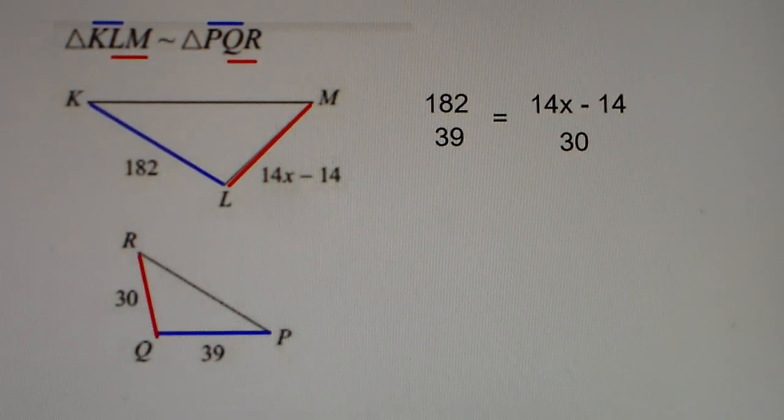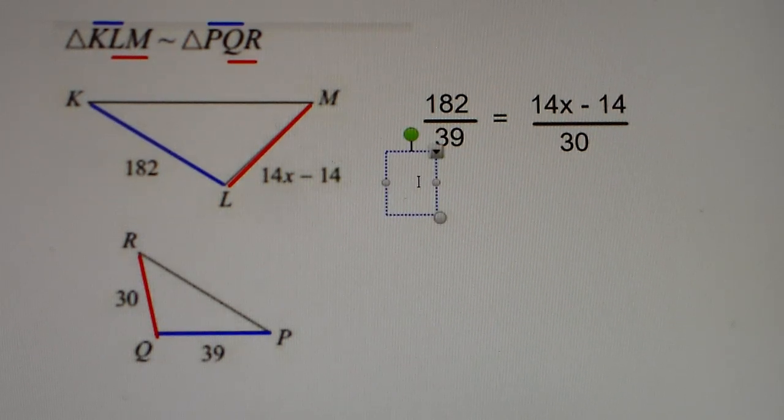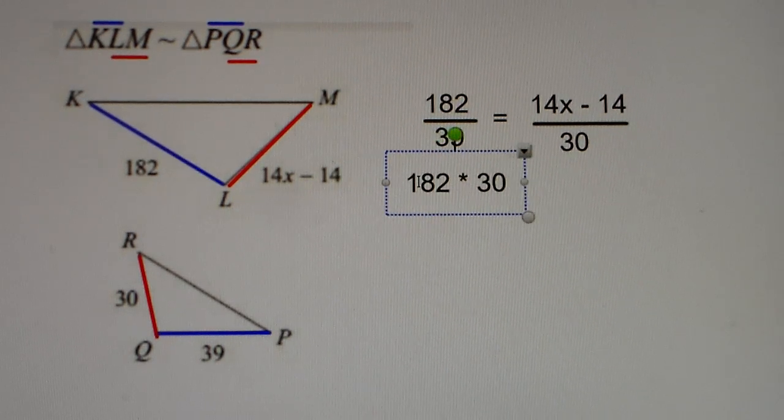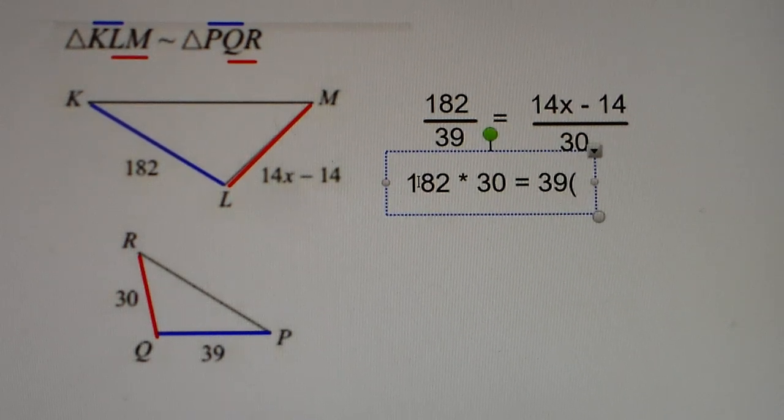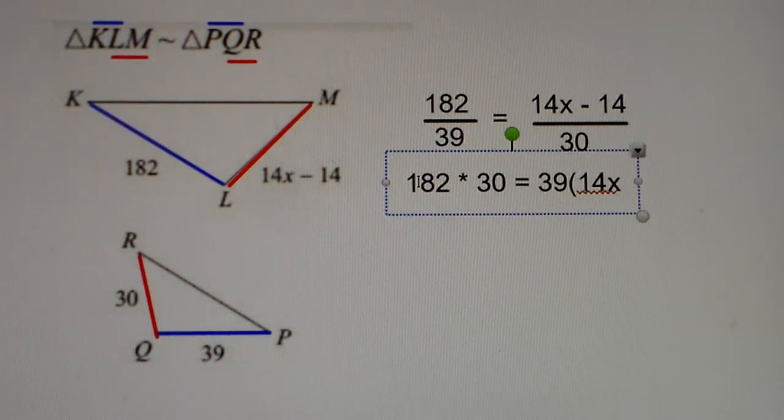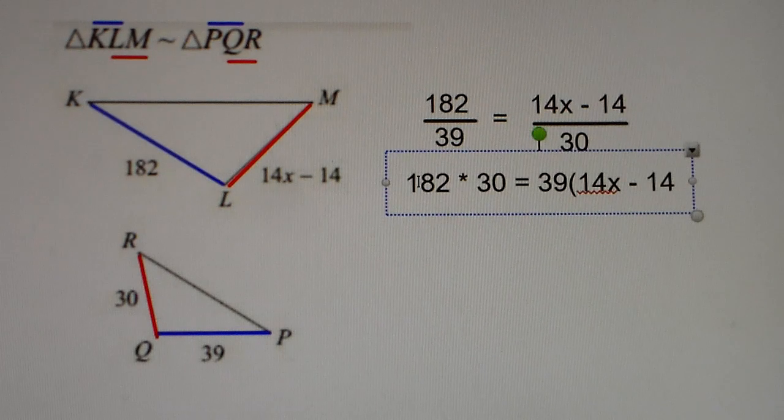That's how we set up the proportion. Then we cross multiply and solve for x. And I'll do that for you now too. So 182 times 30 is equal to 39 times 14x minus 14.